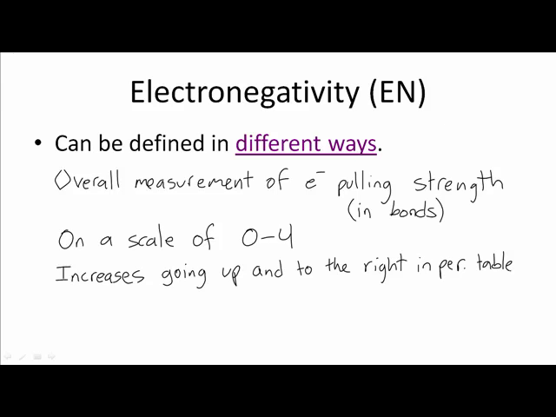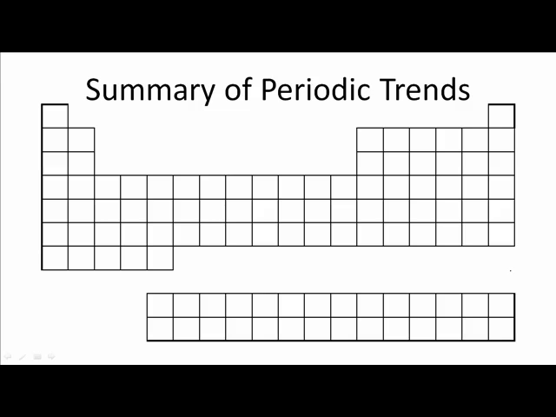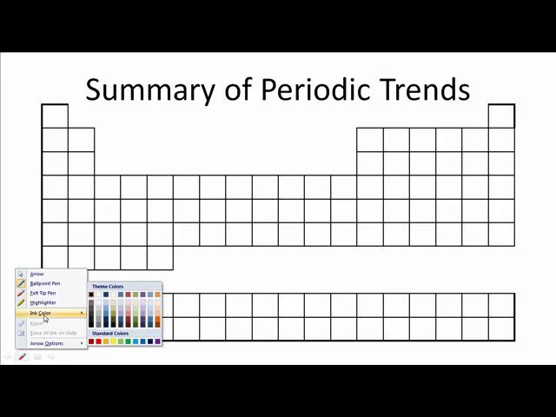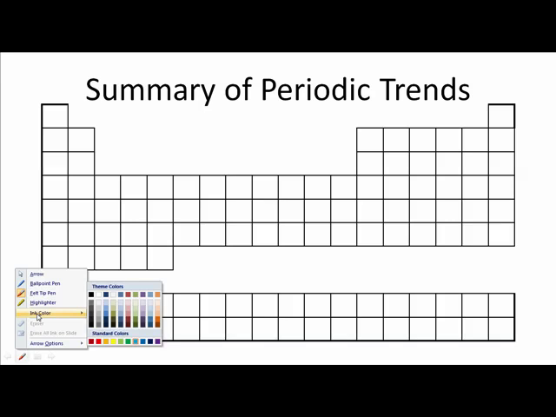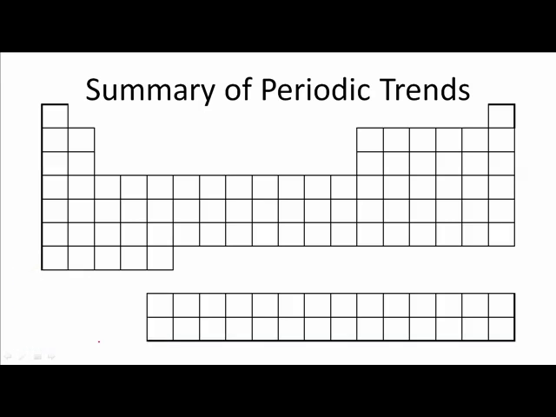All right. So let's just quickly summarize this, put it all on one chart. Essentially, we have two opposite ends of the universe in the periodic table. Those two opposite ends being down here, the francium end, and up there on the top right, the helium end.